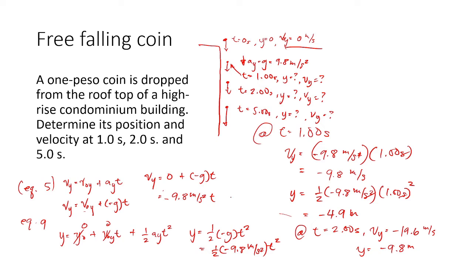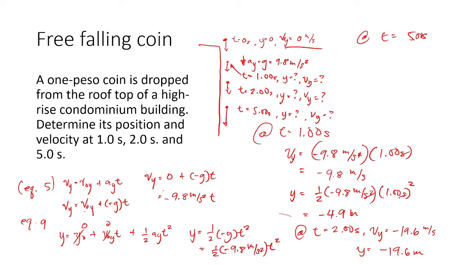So, that will actually be 19.6 meters. Okay? So that is our position. So from time 0 to time 2, the object or the peso coin actually dropped 19.6 meters below.